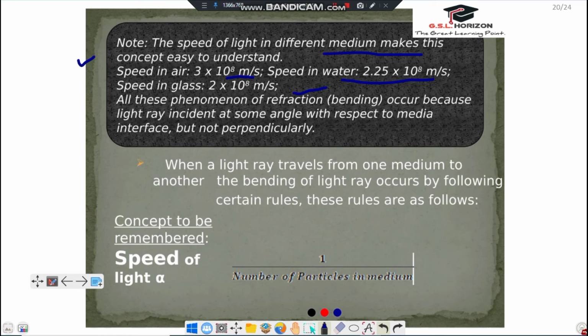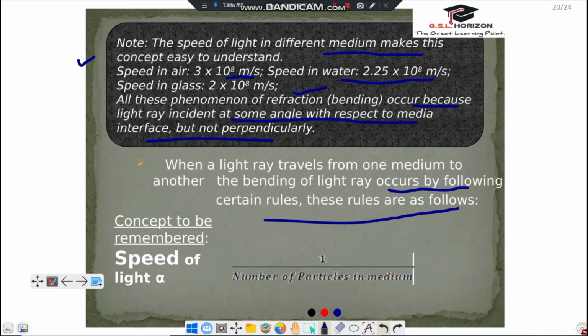All this phenomenon of refraction occurs because the ray of light is incident at some angle with respect to the media interface, but not perpendicularly. When a light ray travels from one medium to another, the bending of the light ray occurs by following certain rules.